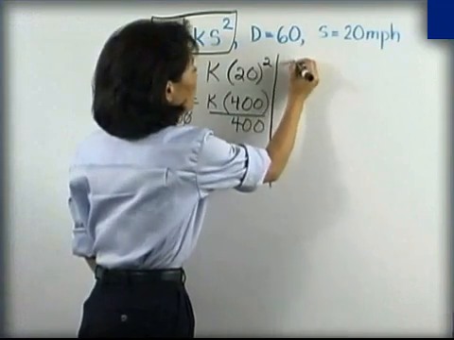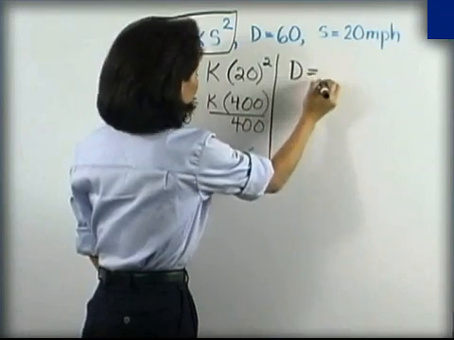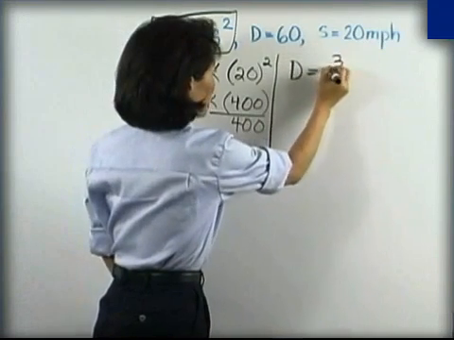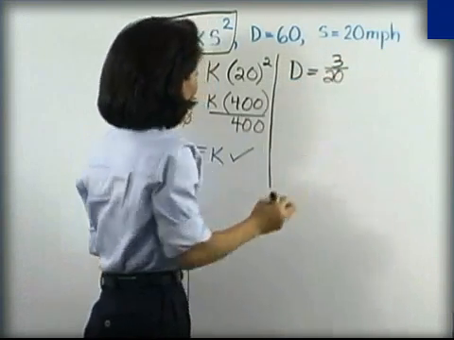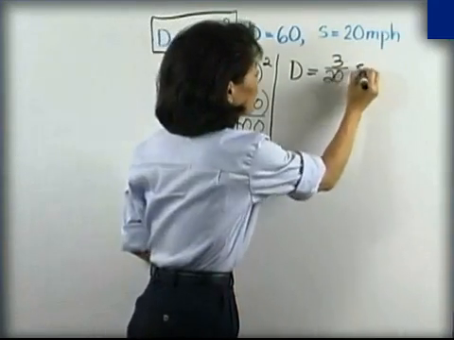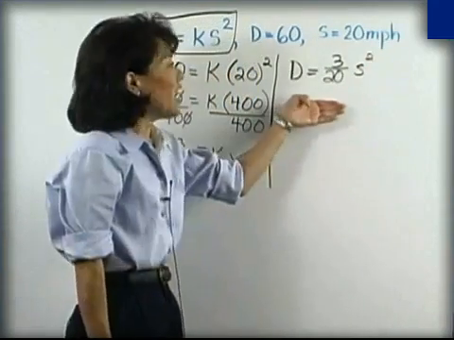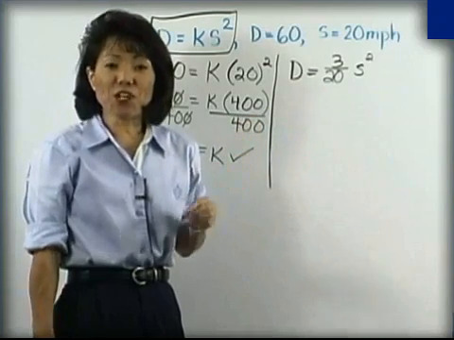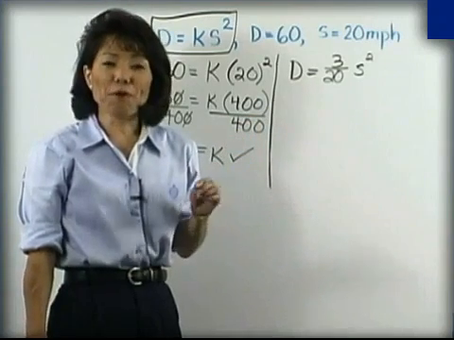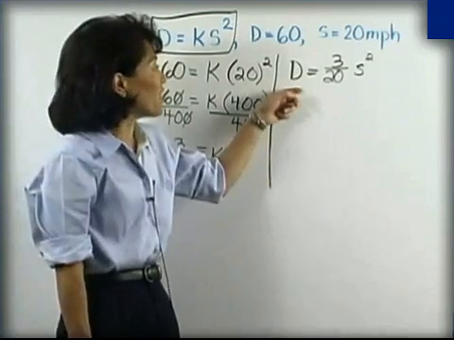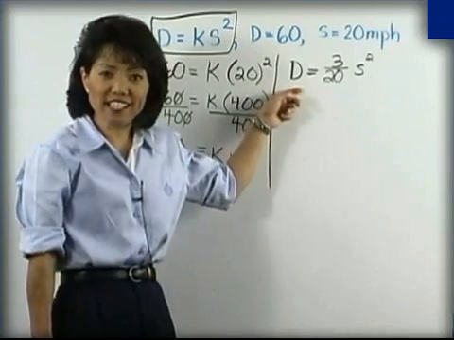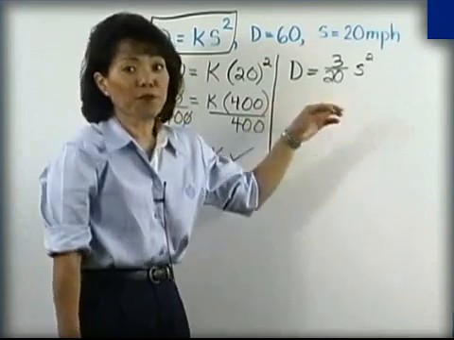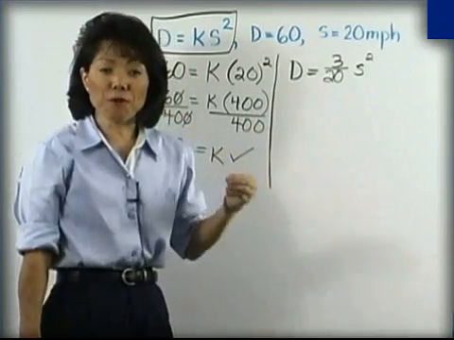So d is equal to 3/20 times s squared. Now that we have our equation of variation, we're ready to answer the question that was asked. Remember, in this problem, they're asking us to find the distance d when the speed is equal to 40 miles per hour.